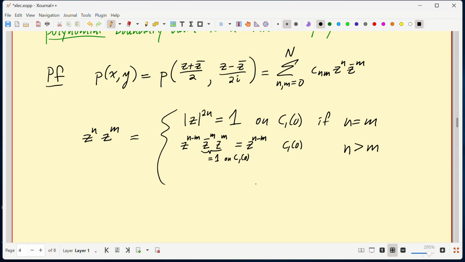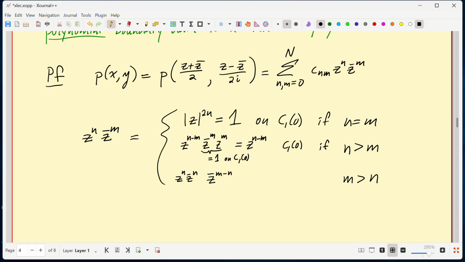And then the last case would be if m is the big one. Then I would have, I want to get the z bar. There was a bar supposed to be there. Hopefully it'll make more sense. If m is the big one, then I would have z bar to the m minus n, and here I would have z to the n, z bar to the n.